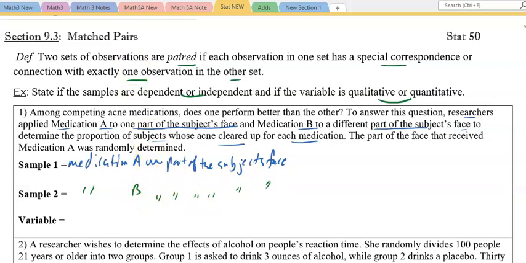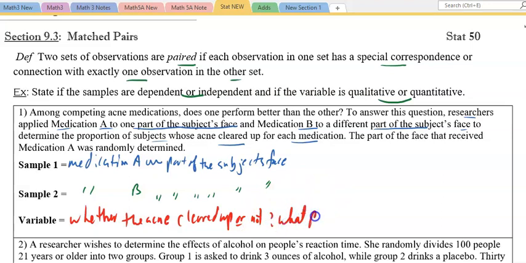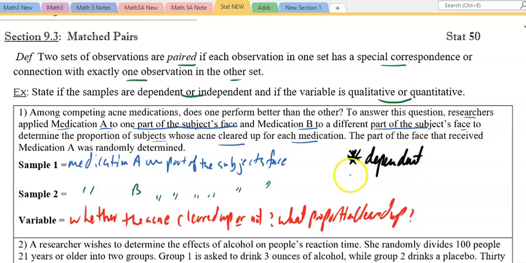The variable, what you're trying to figure out here, is whether the acne cleared up or not. What proportion cleared up? This is, of course, dependent. It's on the same face, and it is a quality.